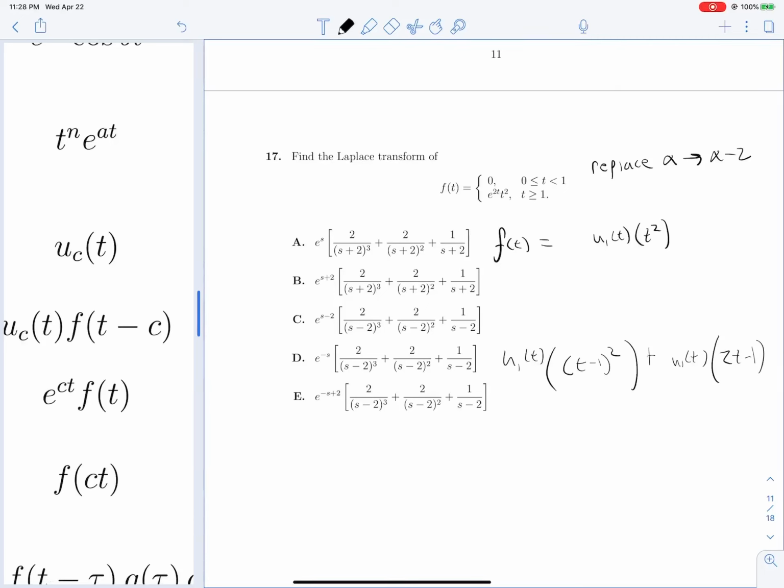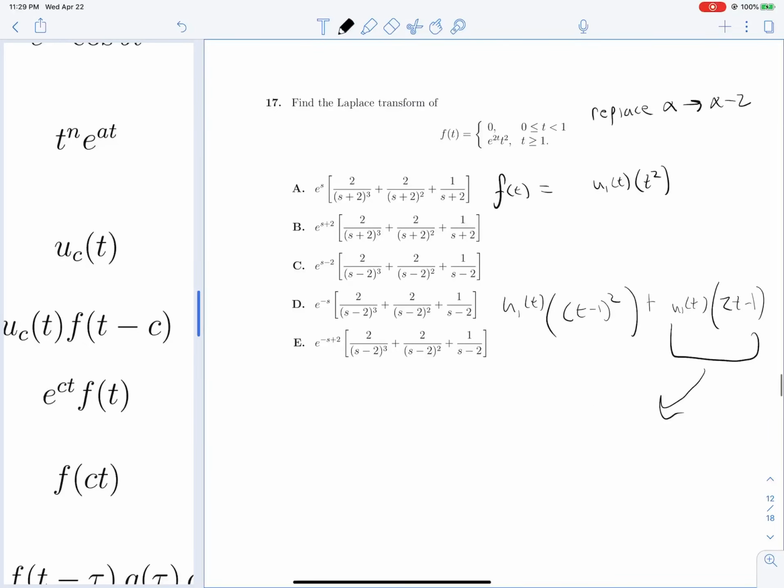But really, we're only dealing with this guy, so we can leave the other one alone. This one's good. So u1 of t at 2t minus 1, we want this to be 2t minus 2, so that we can say that this is 2t minus 1, like that.